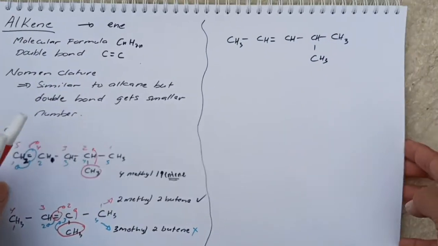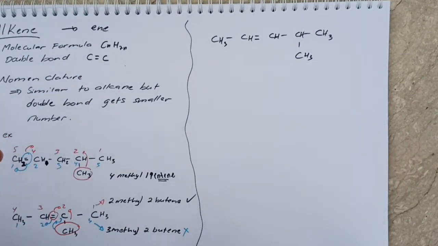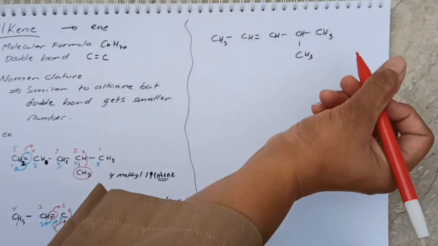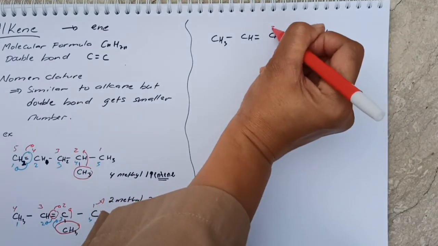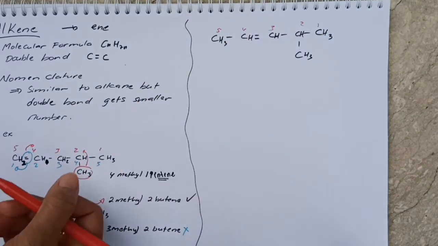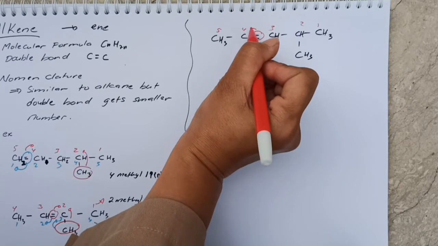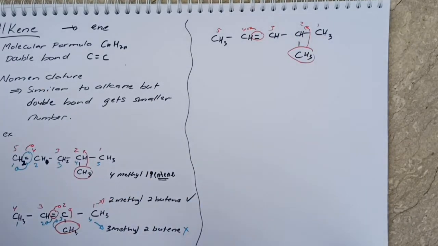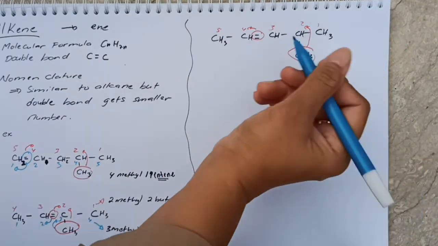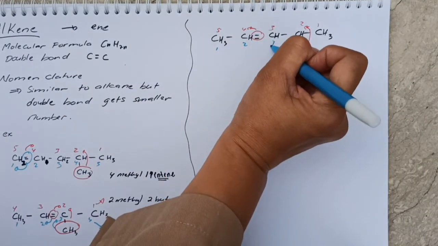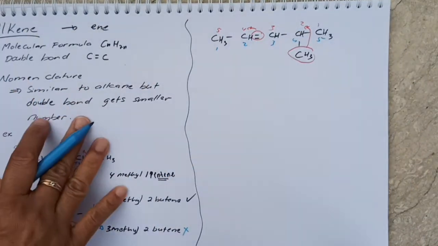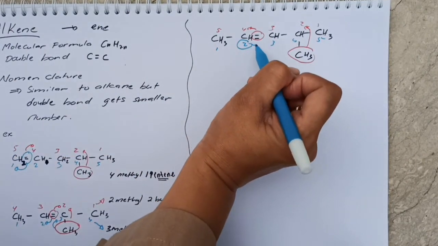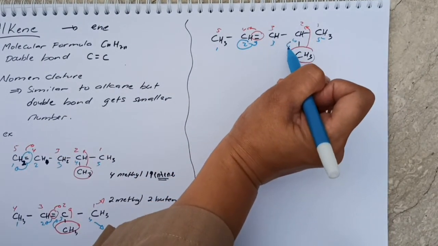Now, take a look at the final example. And here we're going to use red from the left. 1, 2, 3, 4, 5. Again, the double bond will have number 4, although the branch will have number 2. If we use this one, 1, 2, 3, 4, and 5, you will have the double bond at number 2 and the branch at number 4.